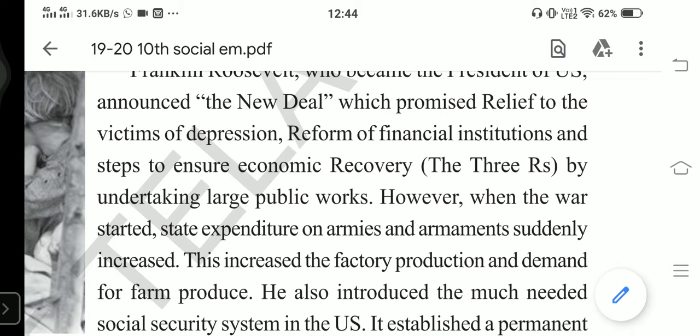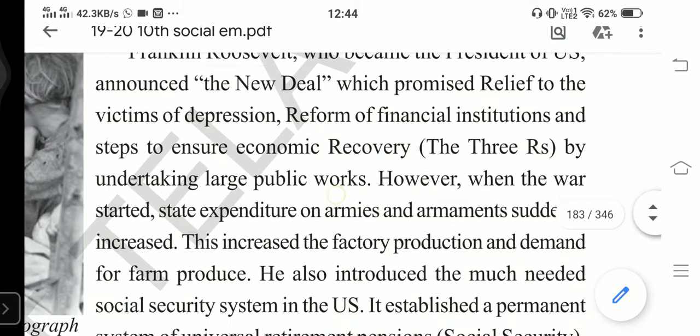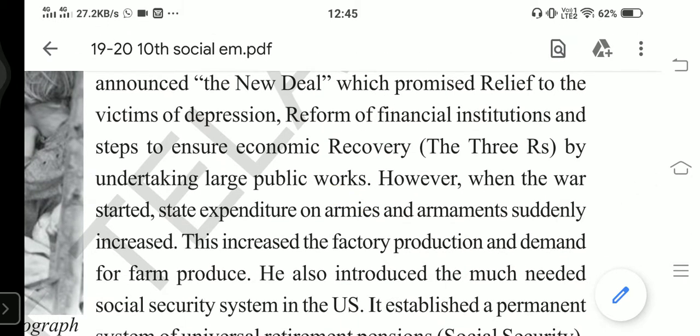That may mean changing the laws pertaining to financial matters. And third is ensuring economic recovery. It is to make sure that all the nations' economies recover from the Great Depression.